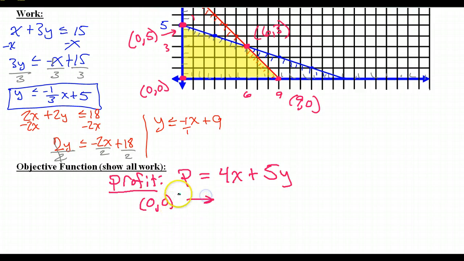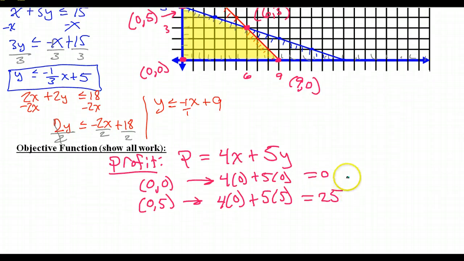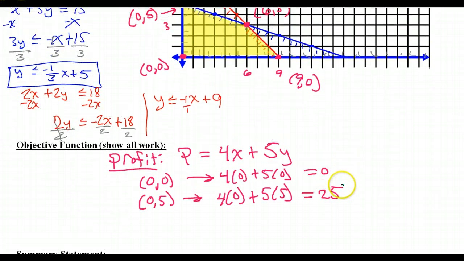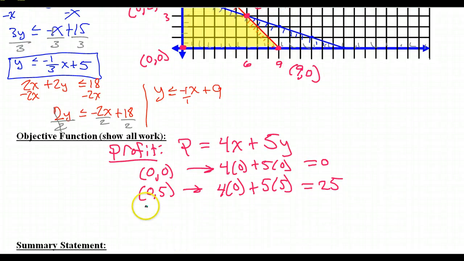So if I do 0, 0, everybody knows what's going to happen with this. Surprise, surprise, you get 0. Now if I put in 0, 5, well, that gives me 25. Okay, and if I put in 6, 3 is next.